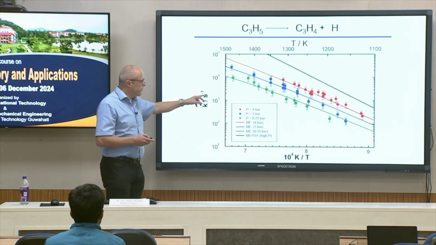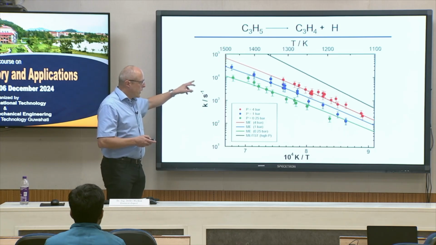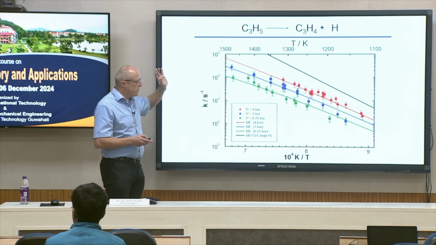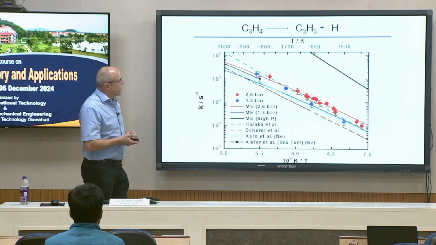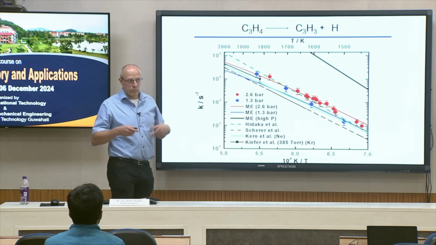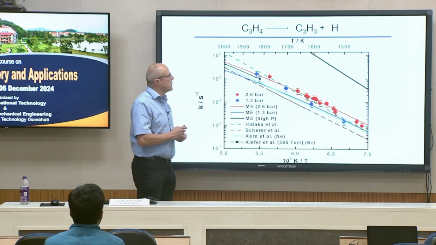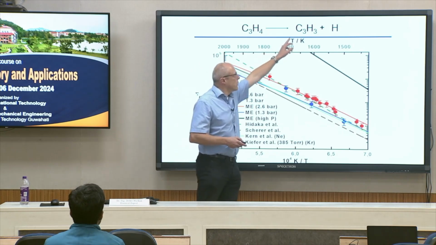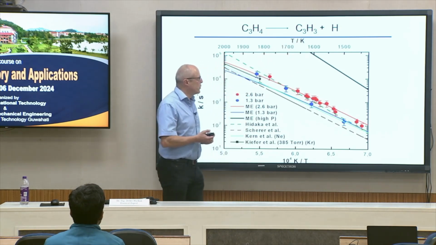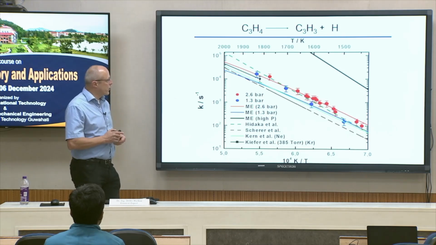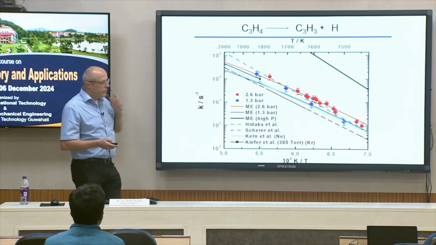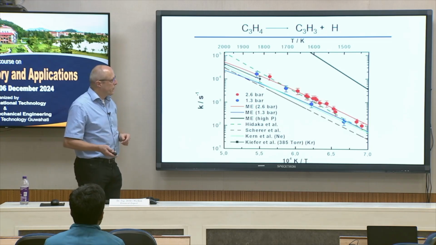So we can use different reaction rates at different temperatures and different pressures, of course. Then we have the second, or the next abstraction leading to this propargyl radical, again at different pressures and temperatures we can yield the reaction rates.